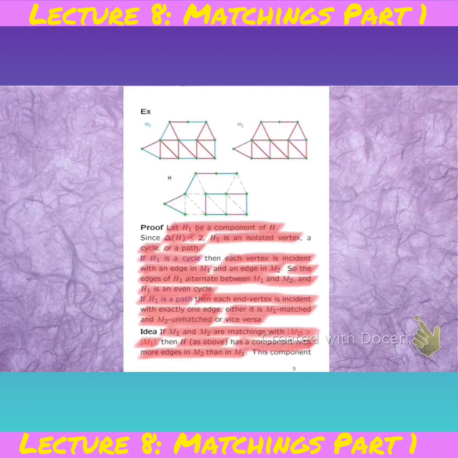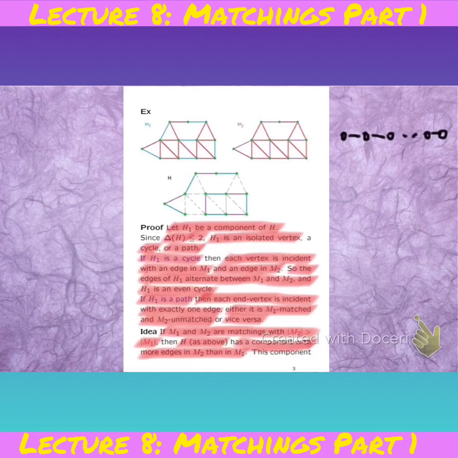So the only remaining components are path components. Remember your number of M2 edges is bigger than your number of M1 edges.